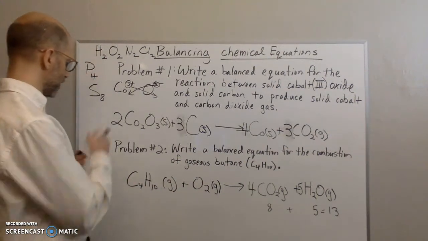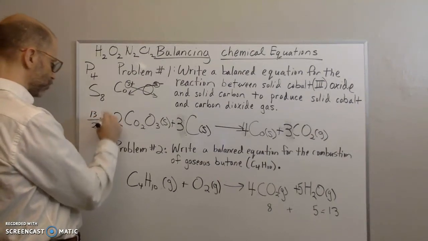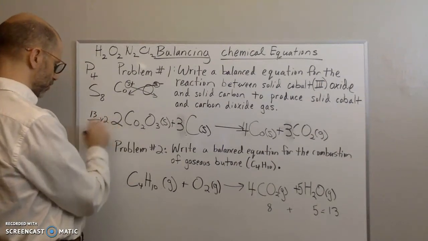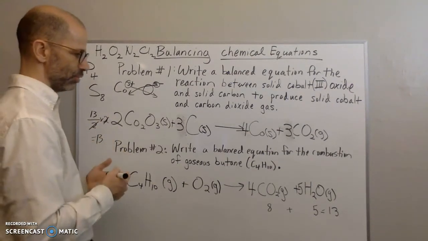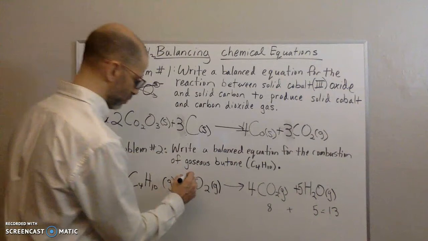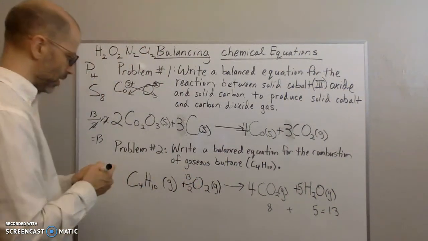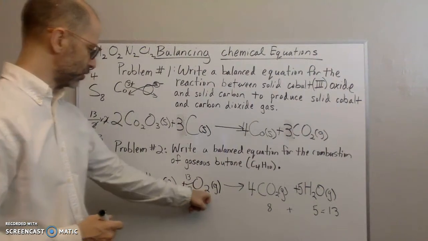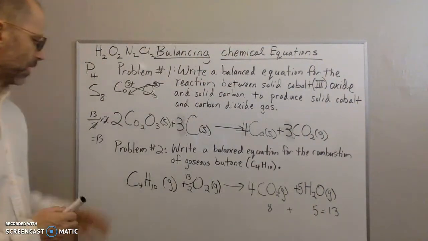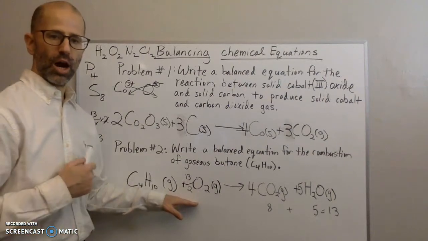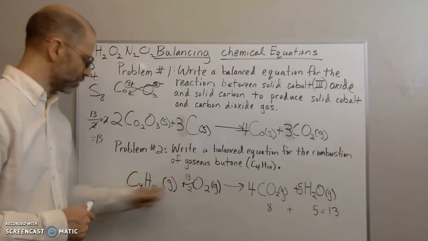If I have 13 halves times 2, the 2's are going to cancel out, and that's going to give me 13. So I'm going to put 13 halves here. And I already calculated that as 13. So now my oxygens are balanced. Everything's balanced: my carbon, my hydrogen, my oxygen.